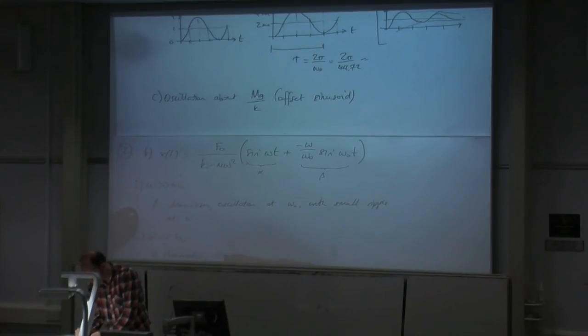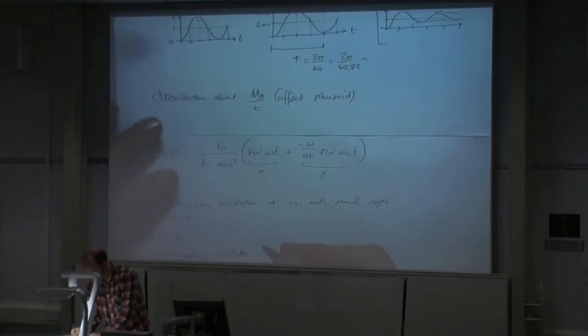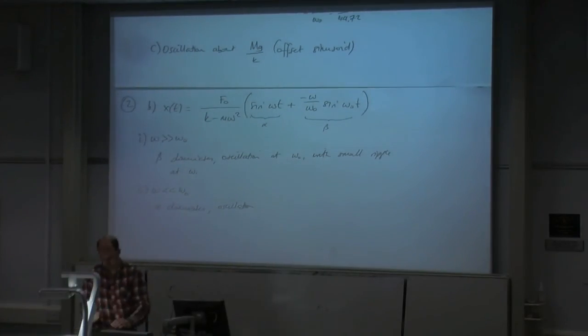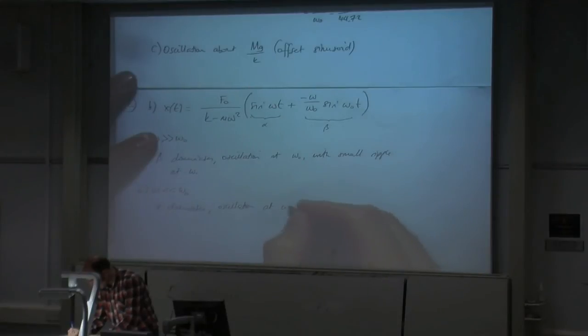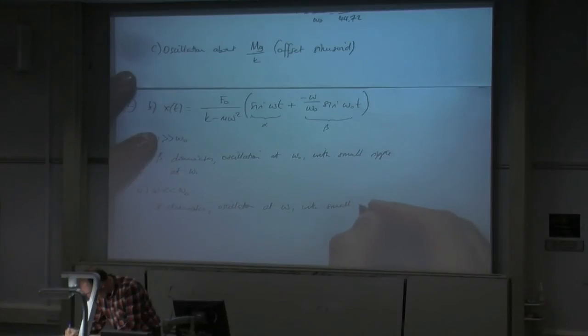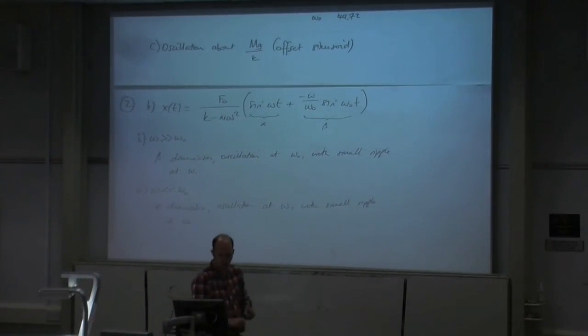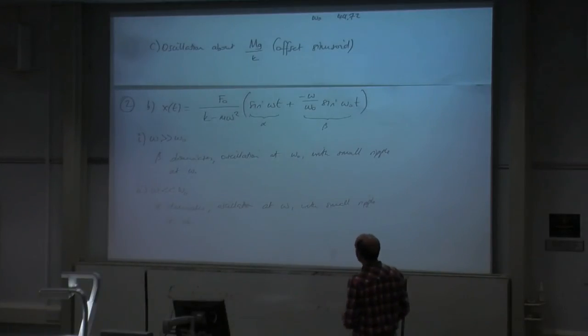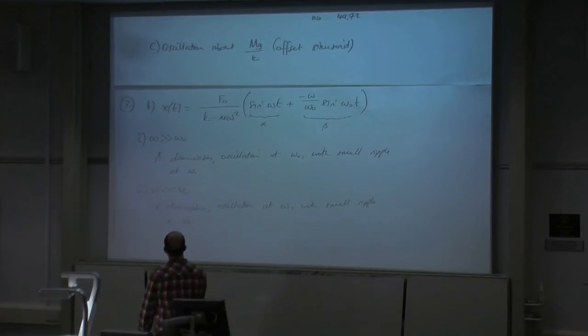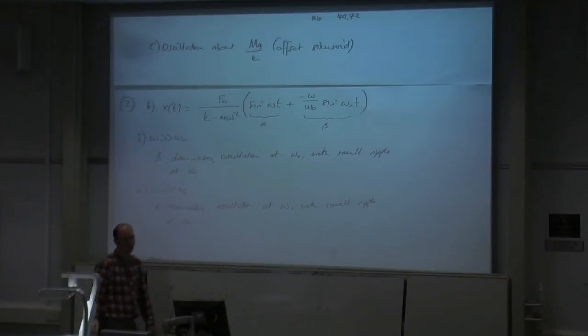So you get an oscillation at omega. So when your forcing frequency is much, much larger than the natural frequency of the system, you have an oscillation at the natural frequency with a small ripple at the forcing frequency.